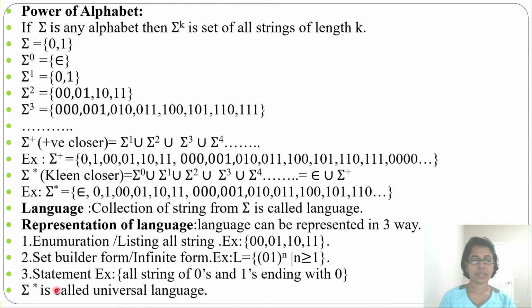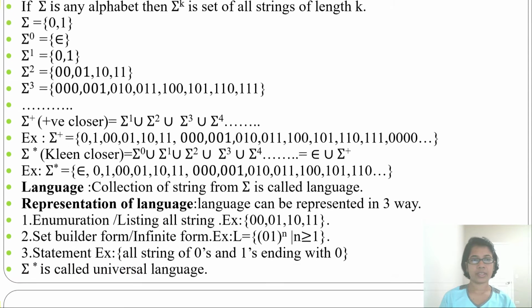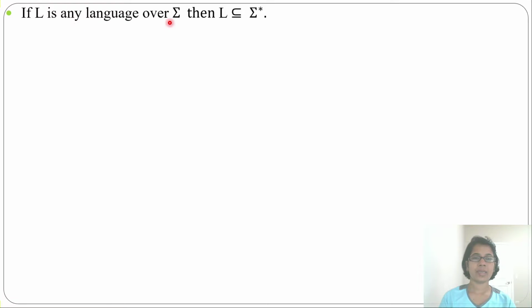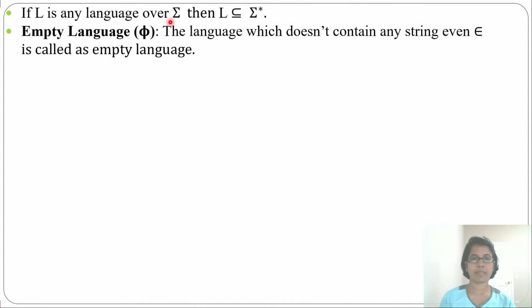Sigma power star is also called the universal language. If L is any language over the alphabet, then L is a subset of the universal language. Next is the empty language. The language which doesn't contain any string, not even epsilon, is called the empty language. If L equals phi, then the size of L is 0.